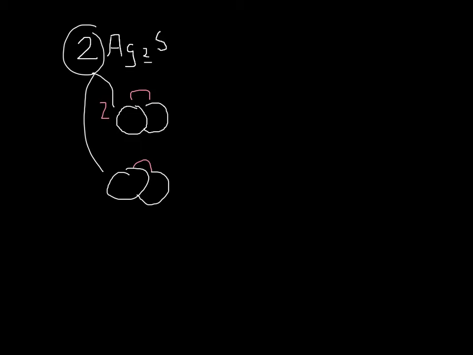Therefore, we can change coefficients. We have to have coefficients in front of an entire compound or molecule, though. We can't put them in between. So they always go in front of the molecule.